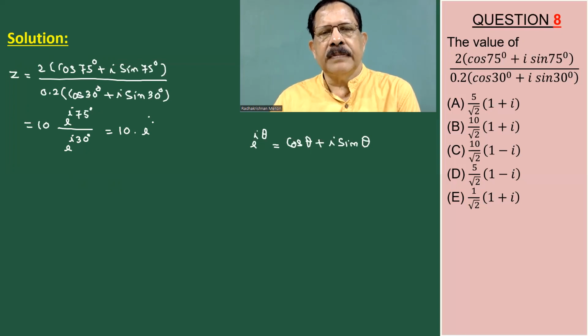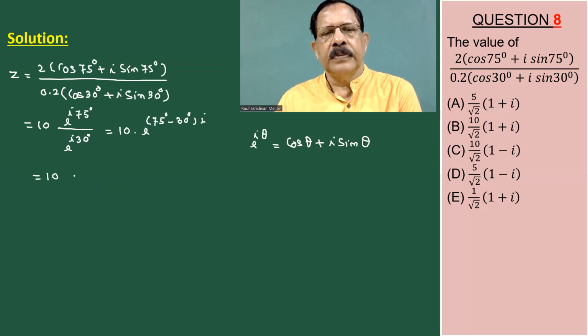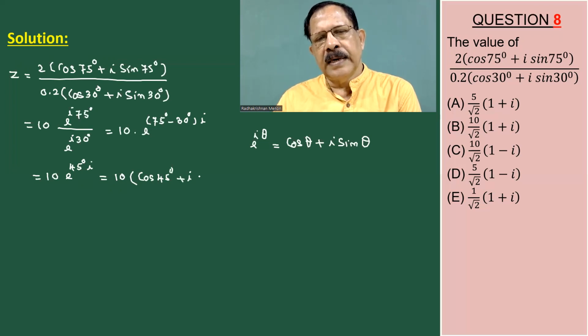So it will be 75 degree minus 30 degree, which is equal to 10 into e raised to i 45 degree. Again, Euler's theorem: 10 into (cos 45 degree plus i sin 45 degree).